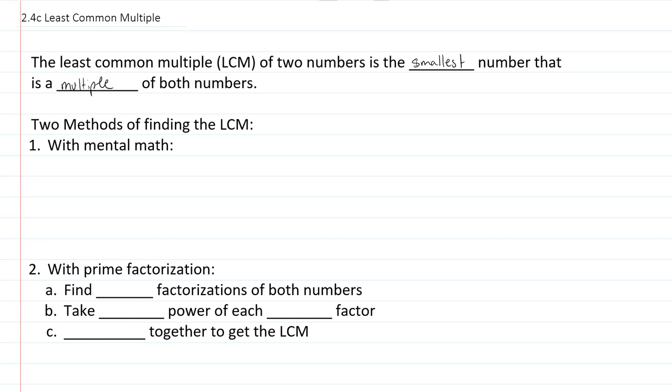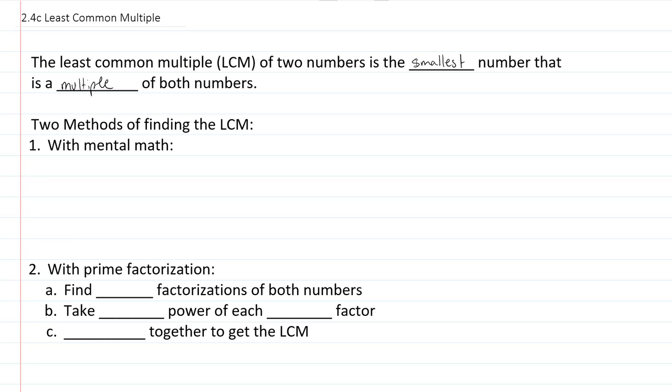So there are two methods of finding an LCM. One is quicker, but is really only good for smaller numbers. And one takes a little bit longer, but is good for any numbers, large and small. So we'll start with the quicker method with mental math.